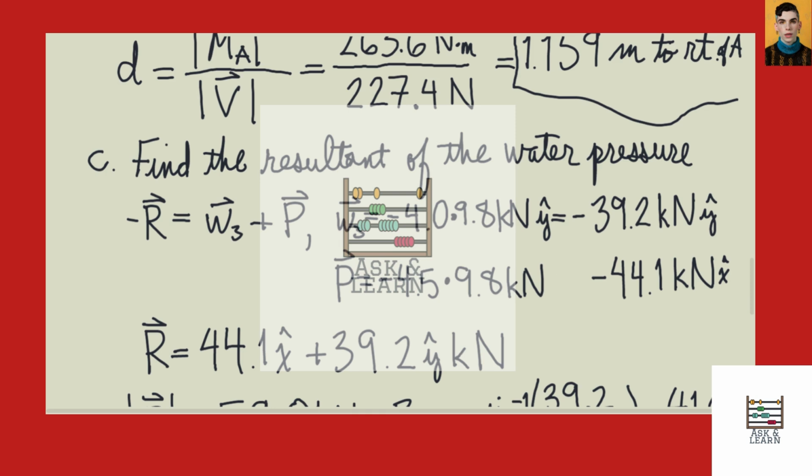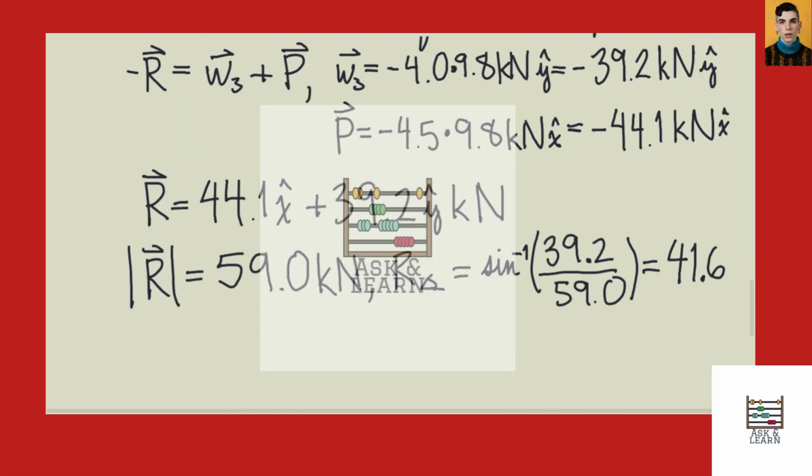It should be x. Okay. So we can calculate both the magnitude and angle of that vector sum. Writing out the vector in full here.